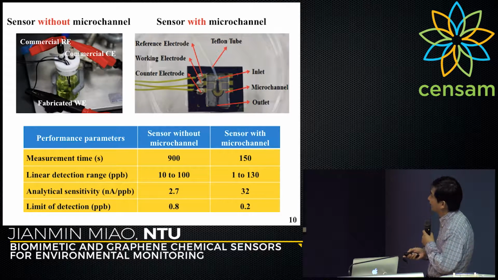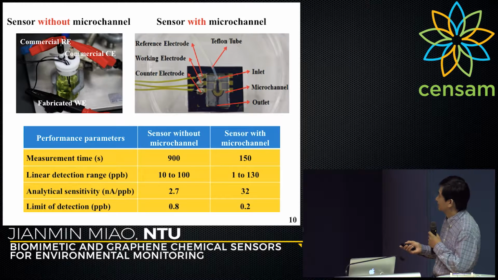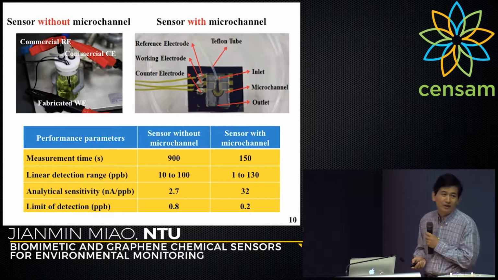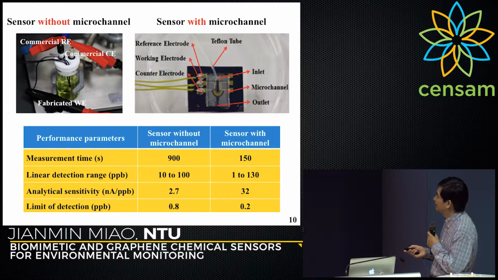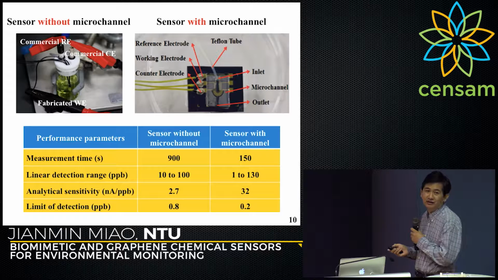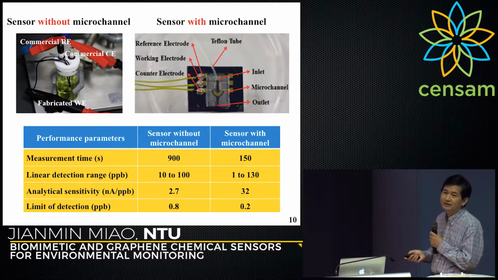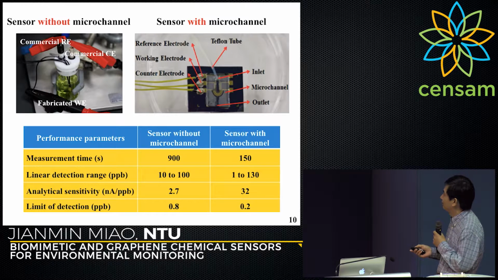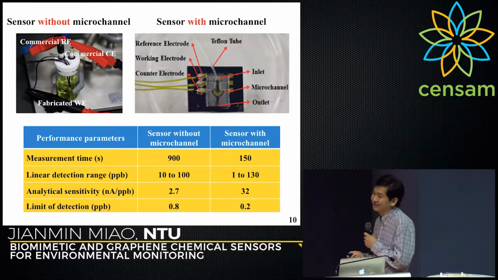Also, the detection range is extended, by one order more, from 10 to 100. The sensitivity also increases; this is the current we're measuring in nanoamperes, more than 10 times higher. Also, the limit of detection is important for a chemical sensor, and we can reach 0.2 ppb. But for practical use, the sensitivity is probably already too high.